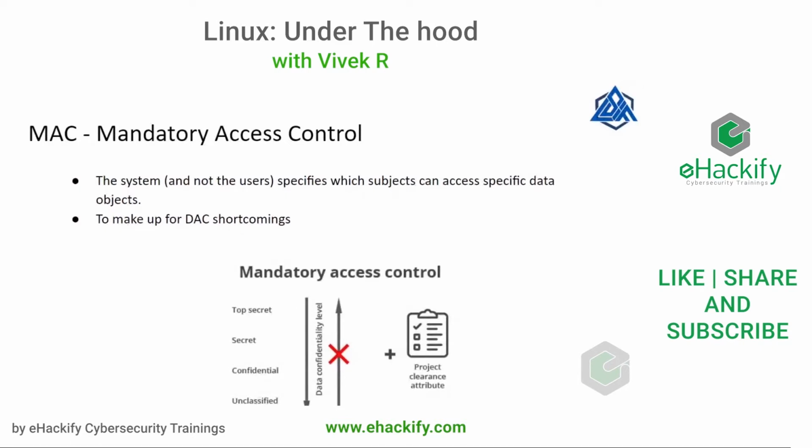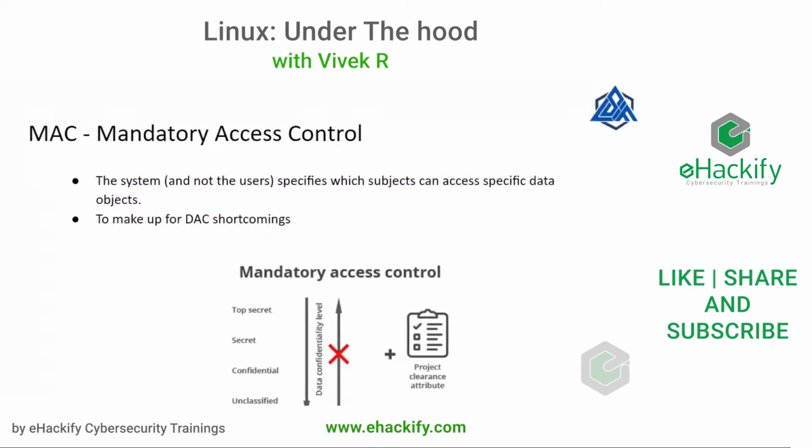So how does the system decide? Each subject and object, means each process and resource, will be associated with a particular security level. For example, one process will be given a particular security classification like top secret. Another process will be given a security classification like secret. Similarly, objects will also be provided with it.